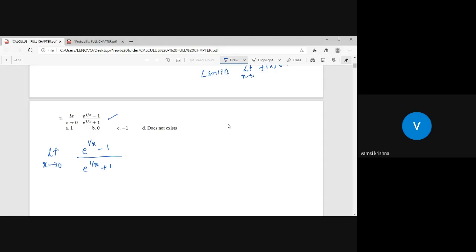This is the value given. I hope you remember this: e power infinity results in infinity, and e power minus infinity is 1 by e power infinity, 1 by infinity, which results in 0. I hope everyone knows these two things. Now let me proceed.